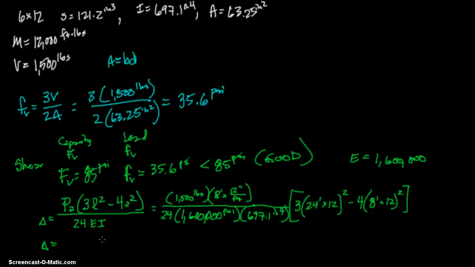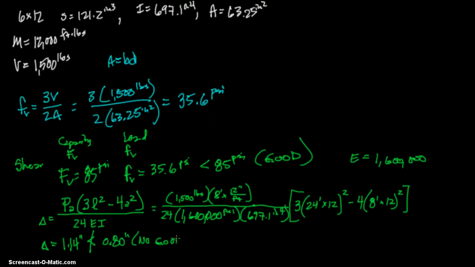I'm going to go ahead and get that, and then I'm going to multiply it by parentheses 3 times, parentheses, 12 times 24, in parentheses squared, minus 4, open parentheses, 8 times 12, close parentheses, squared, close parentheses again, and I get 1.14 inches. Oh, and that is not good, because it is not less than 0.8 inches. It is not. No good.